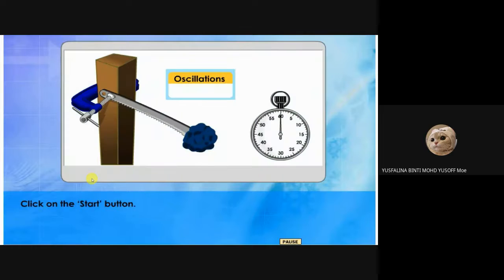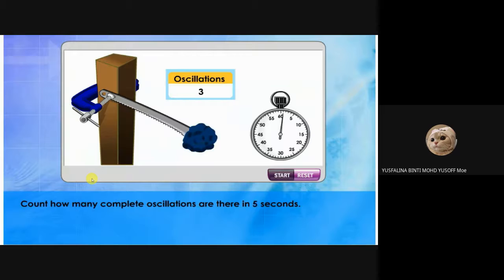Click on the Start button. Count how many complete oscillations there are in 5 seconds. So in 5 seconds, you got 10 oscillations, right? The plasticine ball made 10 complete oscillations in 5 seconds.